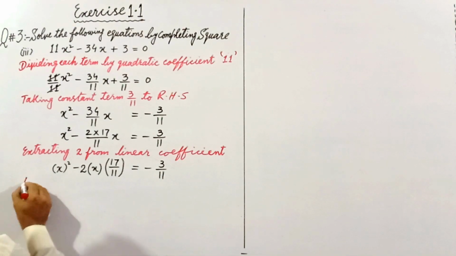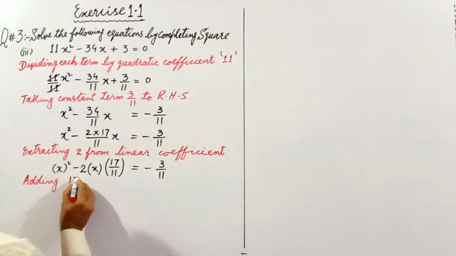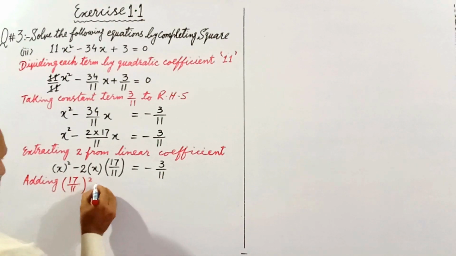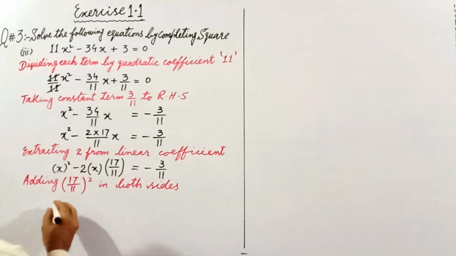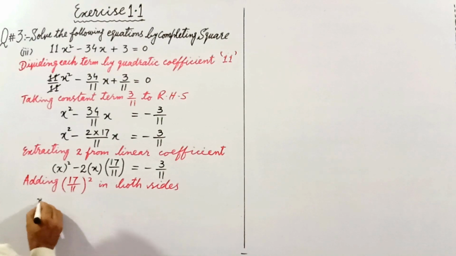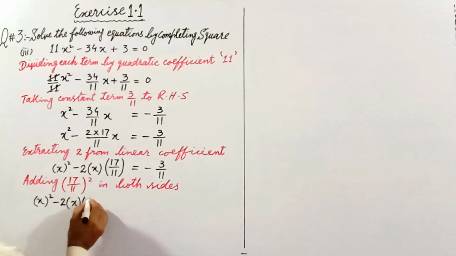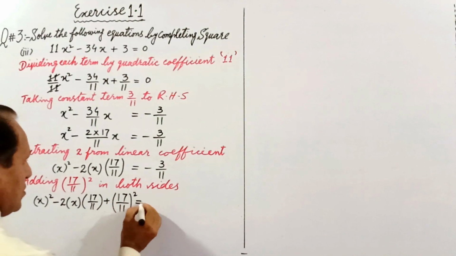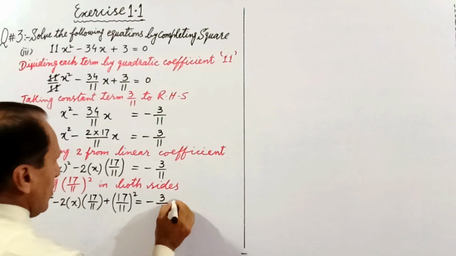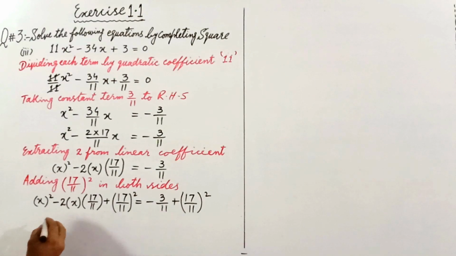So by adding (17 over 11) whole square in both sides, we get x square minus 2 into x into 17 over 11 plus 17 over 11 whole square is equal to minus 3 over 11 plus 17 over 11 whole square in the right hand side.